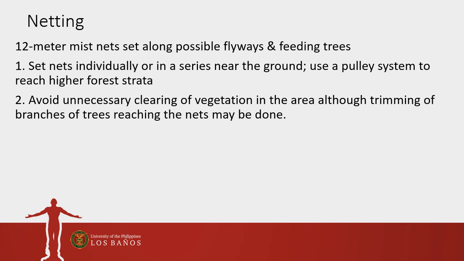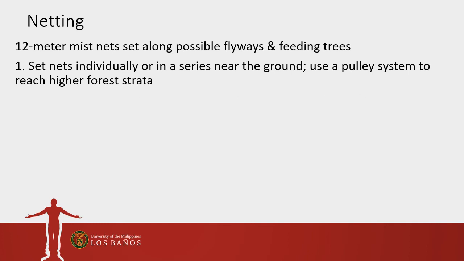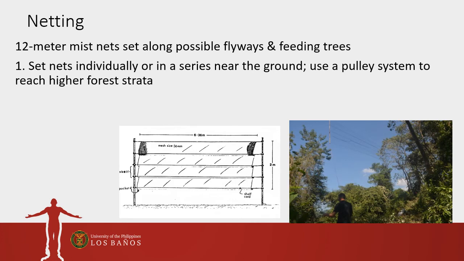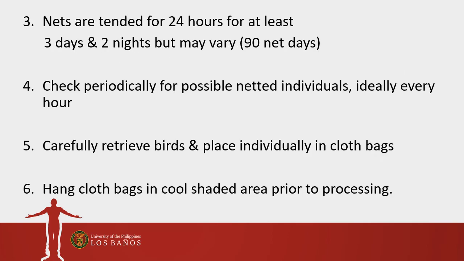Try to avoid unnecessary clearing of vegetation in the area, although trimming of branches of trees reaching the nets may be done. Nets are tended for 24 hours for at least 3 days and 2 nights, but this will vary depending again on your adequacy of sampling.